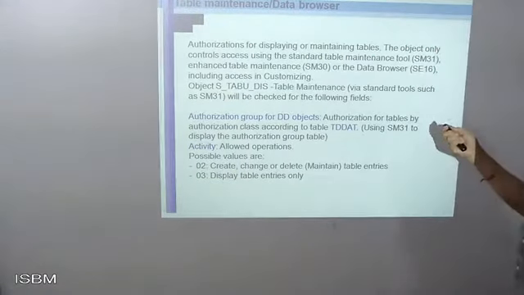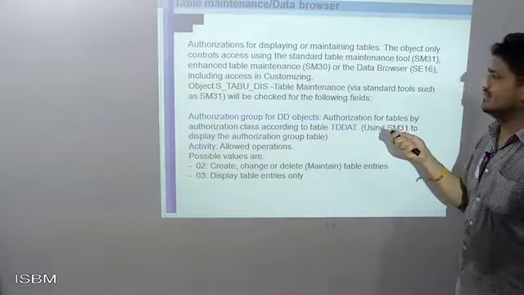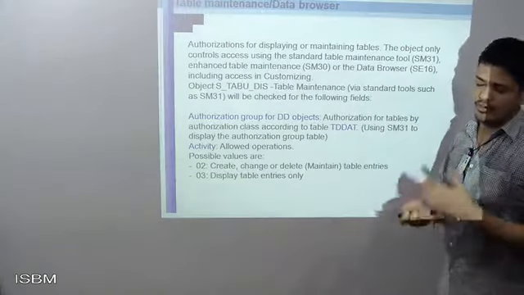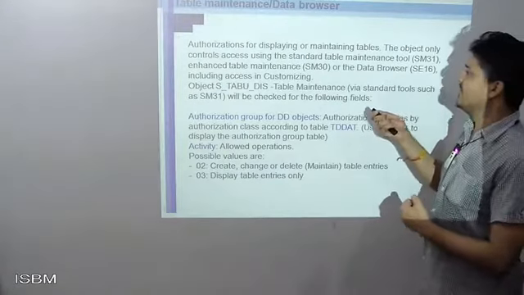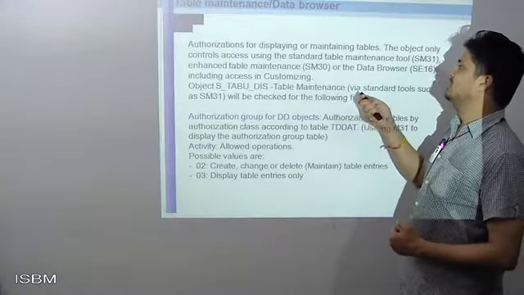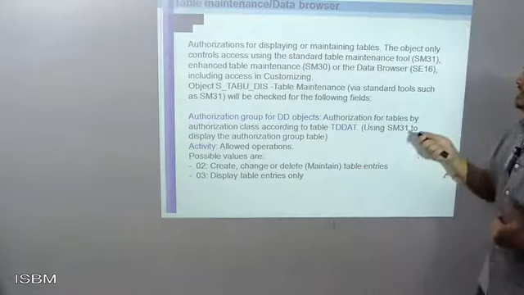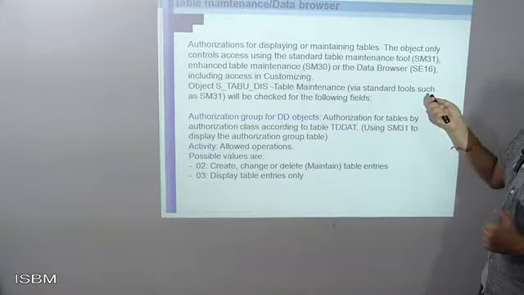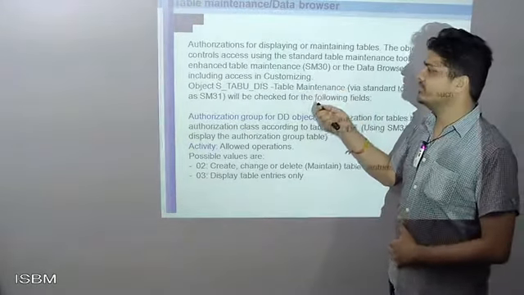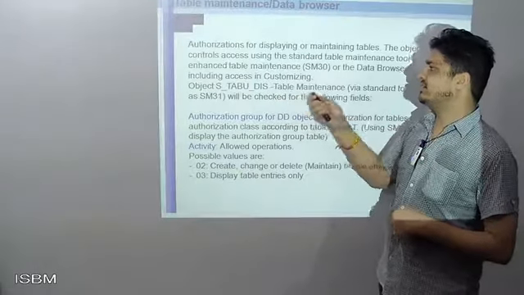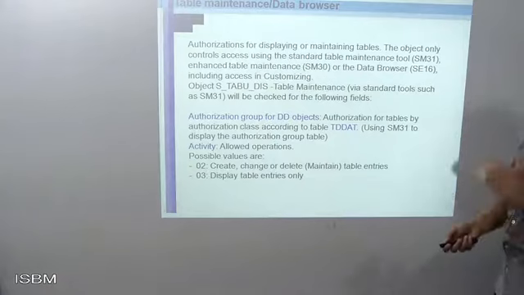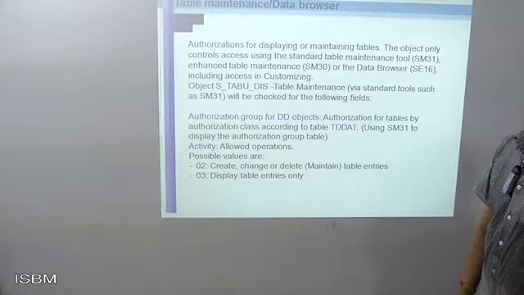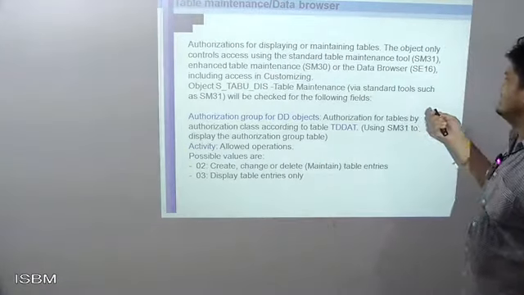The same way, there are different function modules. They have given an example of a table, so I am taking the example of a table. If they want to maintain the table, there is transaction SM31, with the help of which they can maintain the table. If they want to enhance the table maintenance, there is SM30. And for the data browser, to check the table, there are SE16 or SE11.